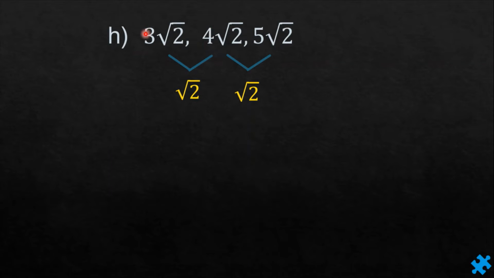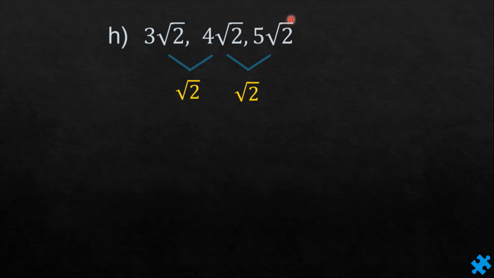So, 4 minus 3 is 1. So, this is 1 square root of 2 or square root of 2. Then, subtract natin yung third term and second term. So, again, copy the radical expression and then subtract natin yung nasa labas. So, 5 minus 4 is equal to 1. So, that is also 1 square root of 2 or square root of 2.